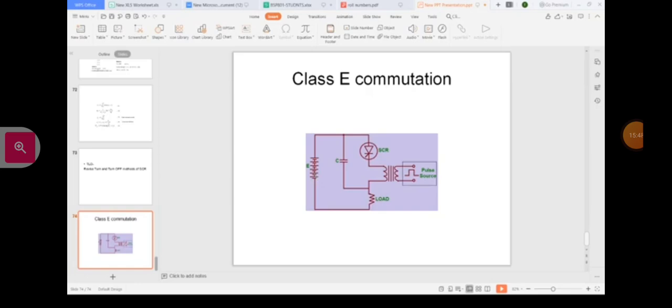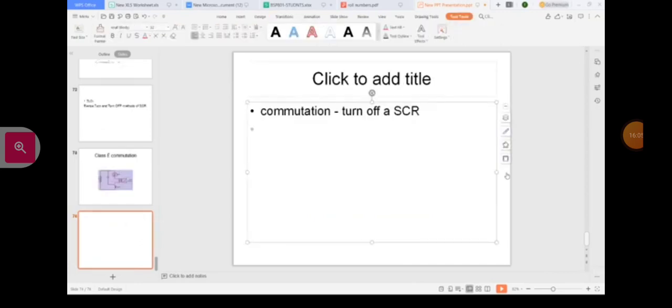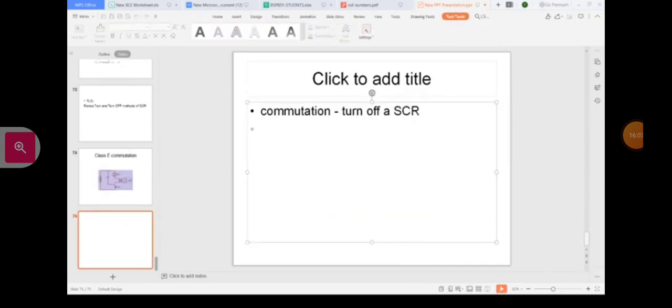It means we know that commutation means turning off a SCR. Commutation means to turn off a SCR, and these turn off methods are classified into two categories.